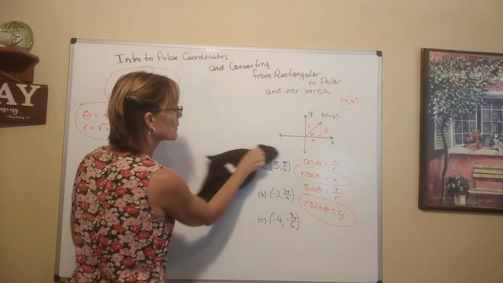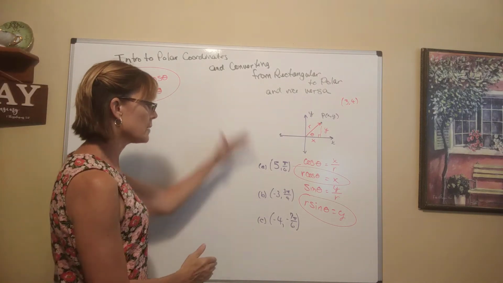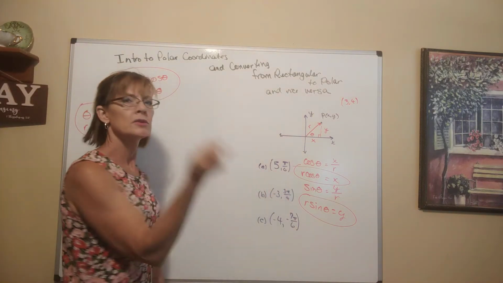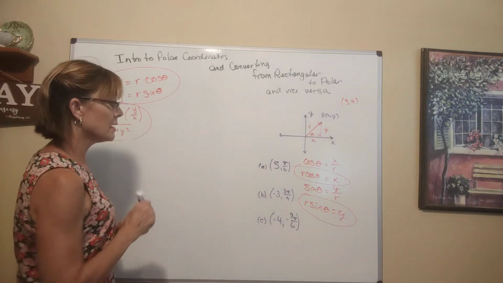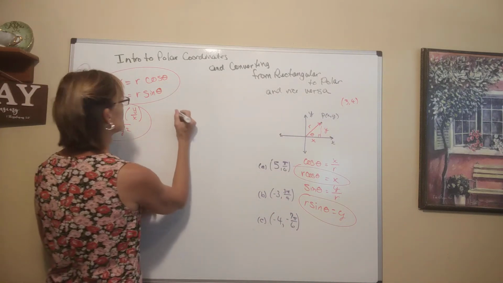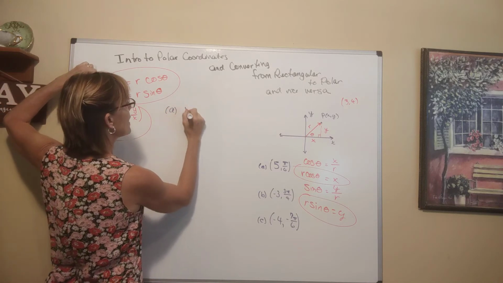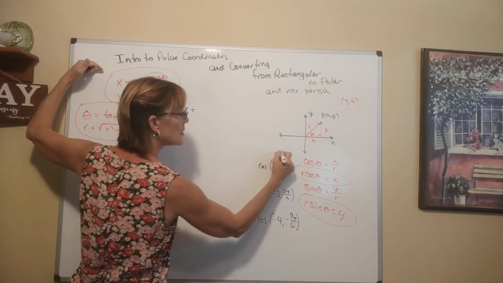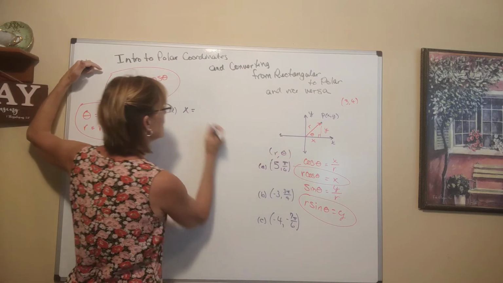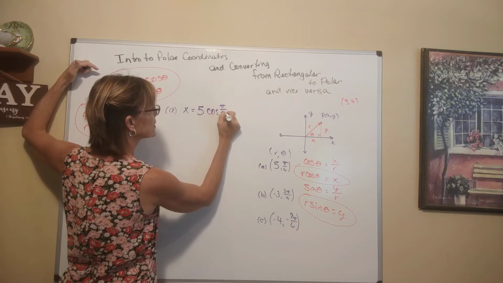Okay. So our job here is to convert from polar to rectangular. So what I'm going to do here is know that x is equal to r cosine theta. So for A, x is going to be equal to r, which is 5. See, this is r and this is theta. 5 times the cosine of pi over 6.